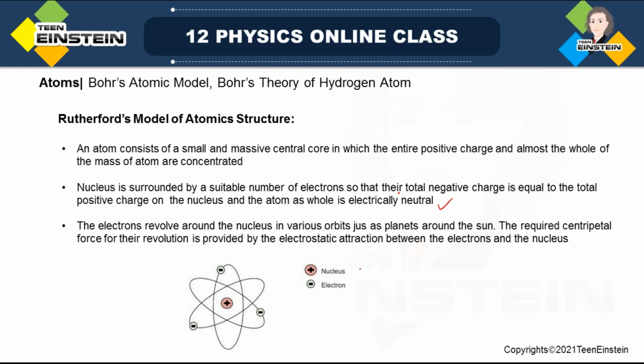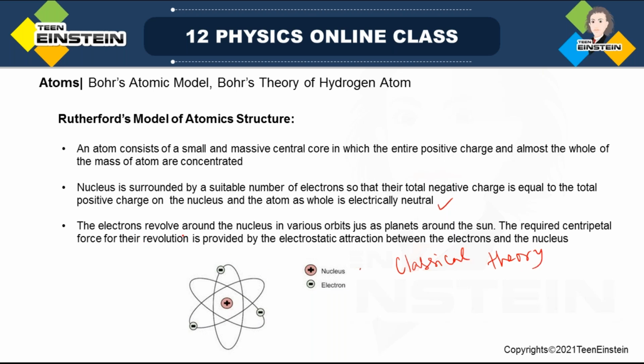Okay, this was the second postulate, and the third postulate was how electrons will be orbiting around the nucleus. This was actually the classical idea, classical theory.